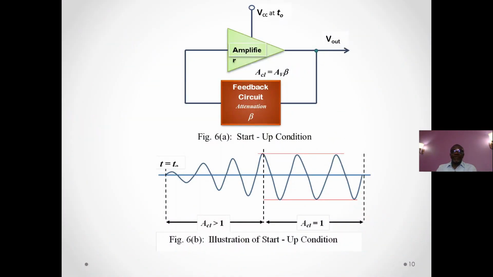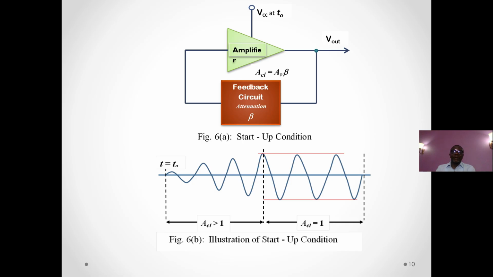Let us see quickly what is happening. Now, the circuit in 6A is the circuit we have seen. An amplifier has an output. Part of the output is fed back to the amplifier through a feedback loop.